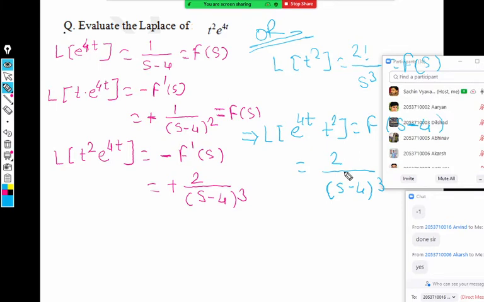You have to find the best or simplest method to reach the answer quickly, so that you can save your time. So this question is done by multiplication by t as well as by shifting property. Both are correct. You have the same answer. You should note down only one, whichever you want. Once you complete, tell me, and we'll move to the next.